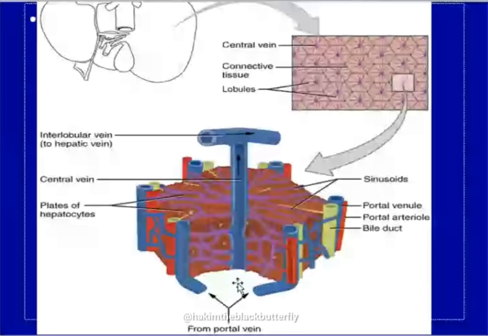Then the interlobular veins are going to connect to form the hepatic veins, which will drain into the inferior vena cava. We have 3 hepatic veins. So the interlobular veins are going to confluence to form 3 hepatic veins, and those 3 hepatic veins are the ones which are going to finally drain into the inferior vena cava.